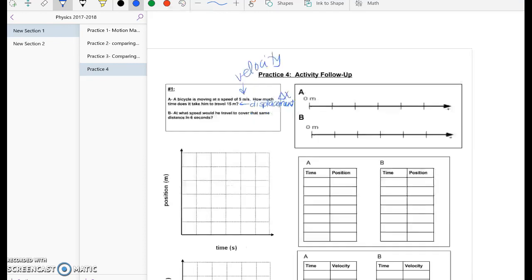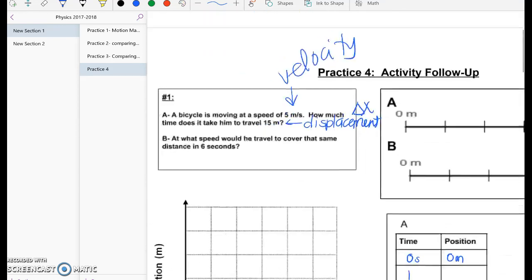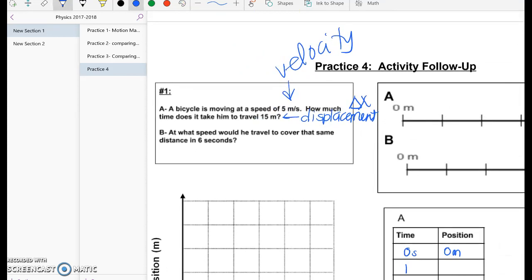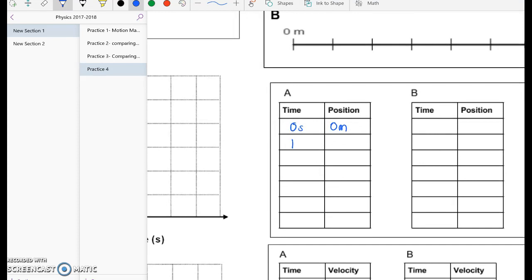So what I'd like to do first then is fill out my position time graph for A. So at 0 seconds, he was at 0 meters. At 1 second, we don't know how long he's traveling, but he was going at 5 meters per second.